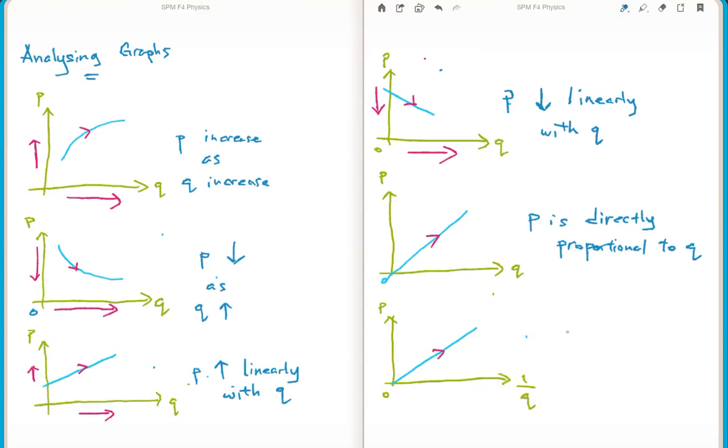One tricky way would be to write that P is inversely proportional to Q. Why? Because the quantity here is 1 over Q, so it's inversely proportional to Q.